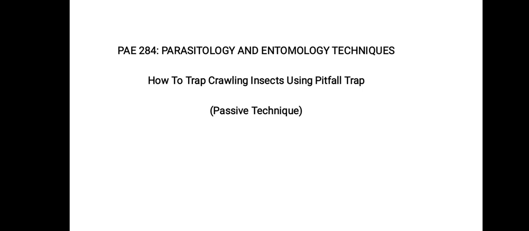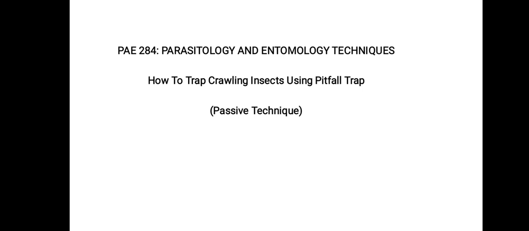The second one, light trap. The third, sticky trap. The fourth one, pheromone traps. And then the fifth is flight interception traps. All these are traps, but they work in different ways. And so for the purpose of this lecture, we are going to talk more about pitfall traps.